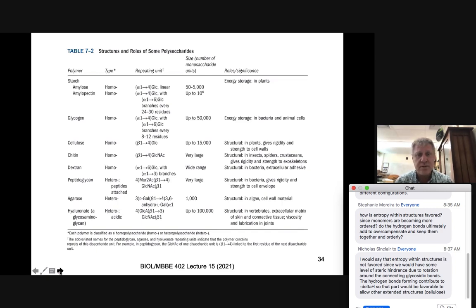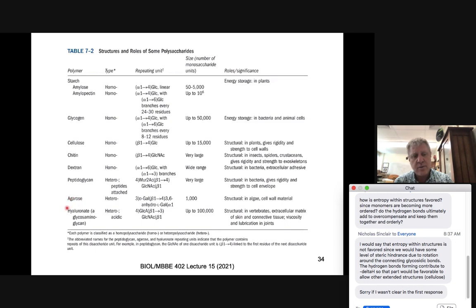So we've got a number of polysaccharides that we have looked at, from starch, glycogen, glucose, chitin, dextran, peptidoglycan, agarose. We haven't gone so much into the gluconates in regards to these particular molecules. We'll have a little bit more look at these in a little second.